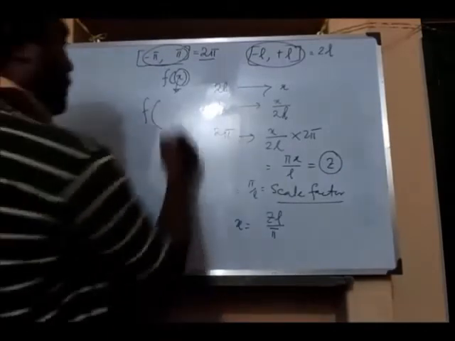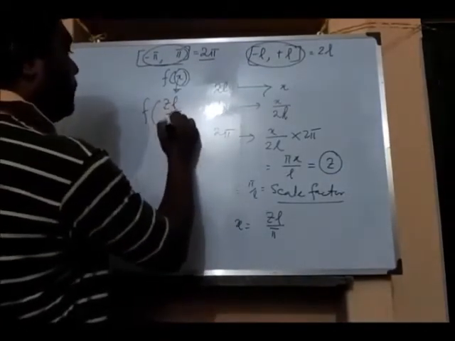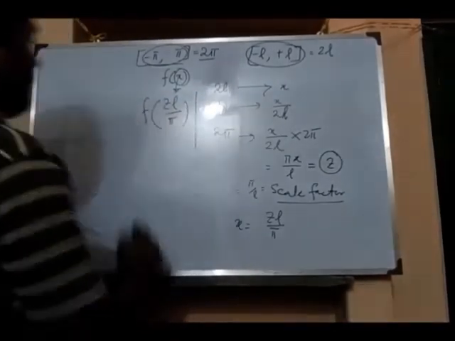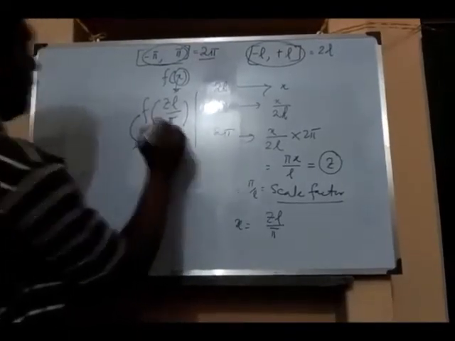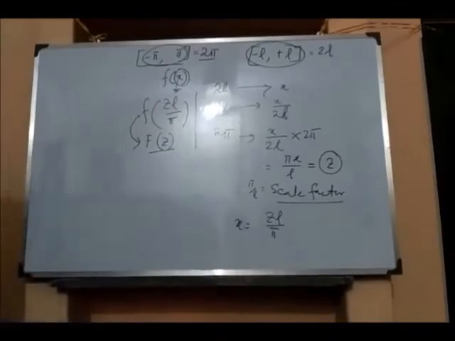So the function will be f(Lz/pi). Okay, and you just say this is capital F(z) function. So you have to take the Fourier series of this capital F(z) function.